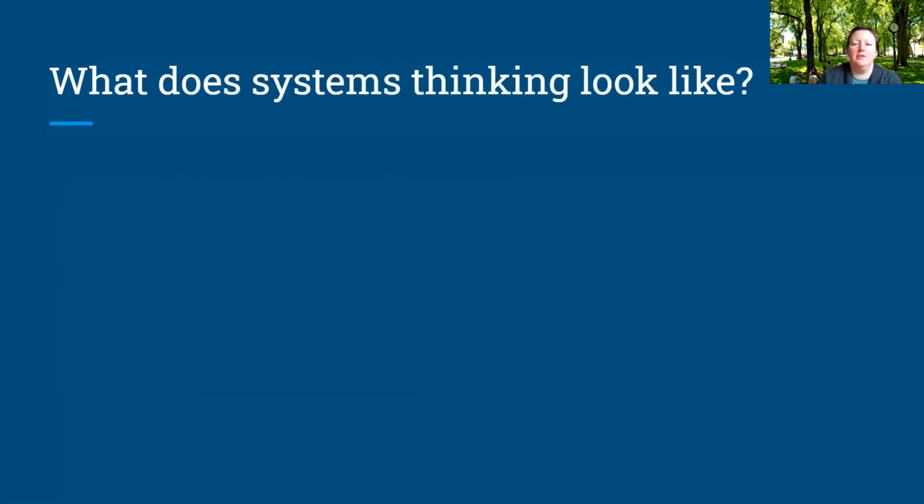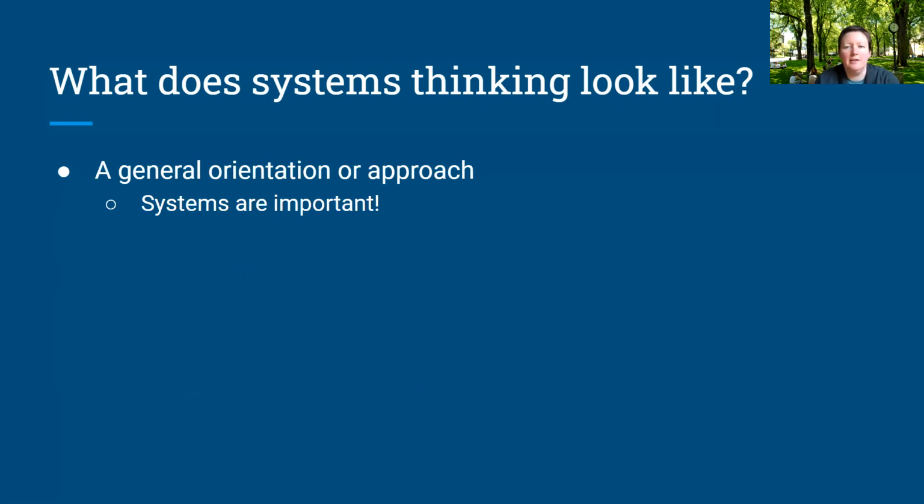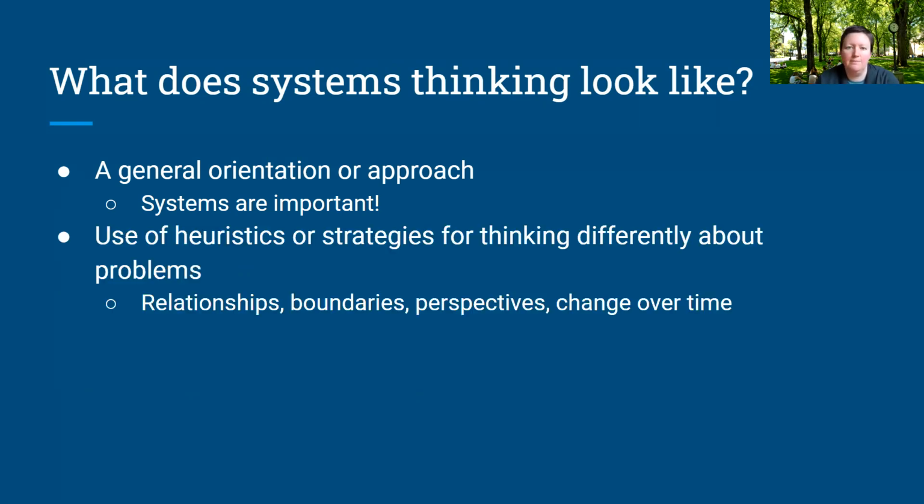So what does systems thinking look like? It can be lots of different things that fit into a few general categories. Most broadly, systems thinking is a general orientation or approach that emphasizes the importance of considering how parts of a system interact to produce this larger behavior. Systems thinking can also be heuristics or strategies for thinking differently about problems.